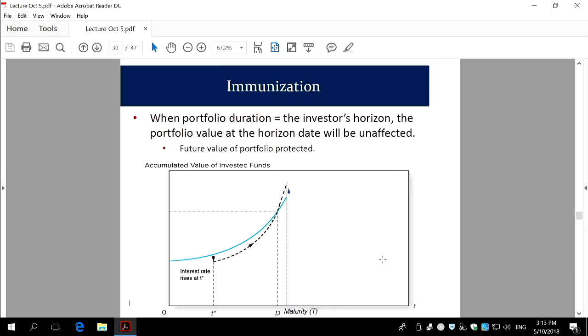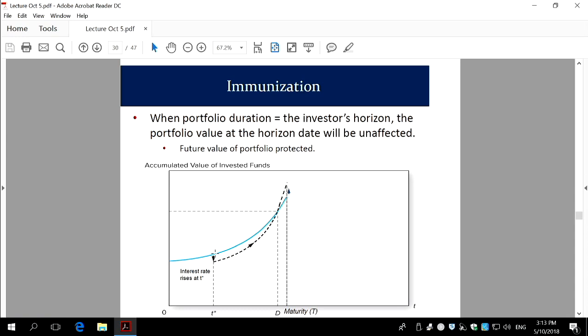So this is time. Suppose T star is today, okay, right? And maturity is capital T. Of course, suppose you have a coupon bond, and the coupon payment is much smaller than the yield to maturity.